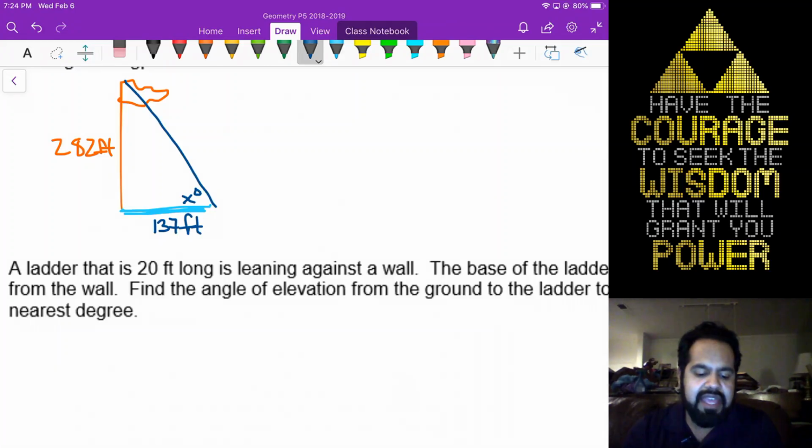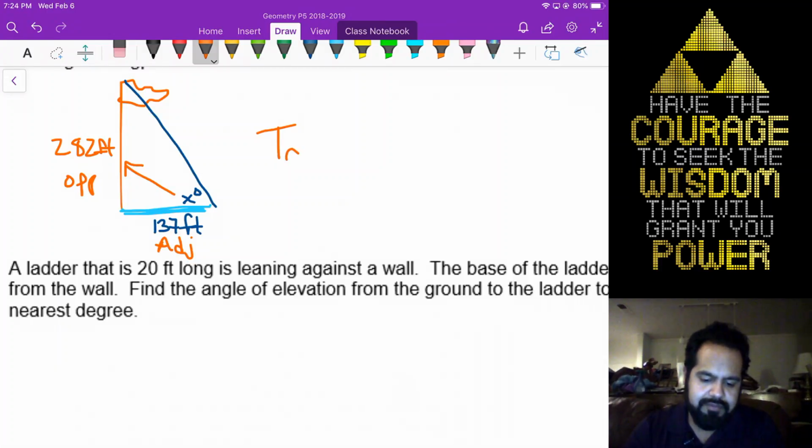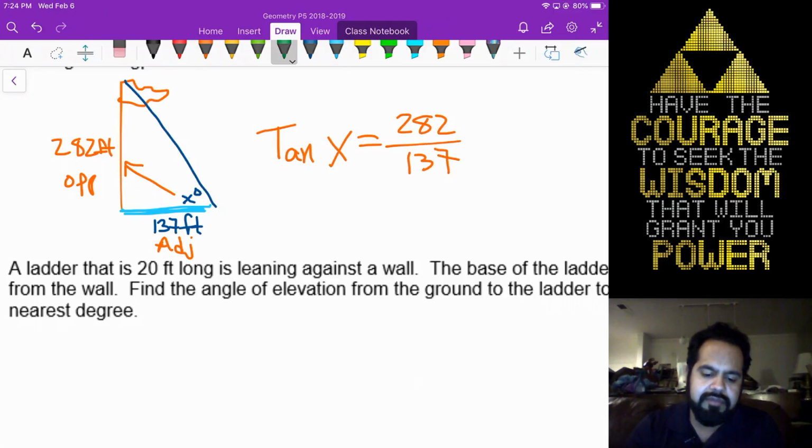So we're going to go ahead and solve for it. With respect to the angle, the 282 is opposite. The 137 is adjacent. So that's saying tangent. Tangent of x is going to equal 282 over 137.